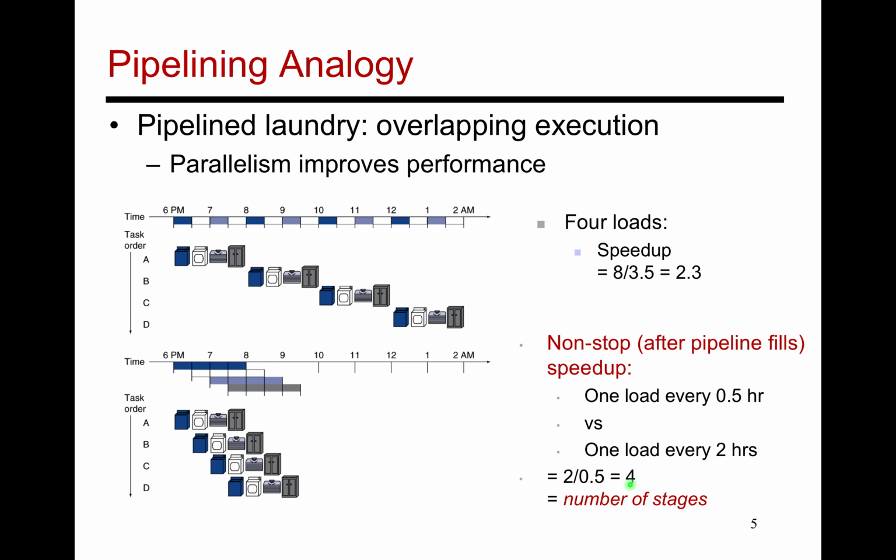So if I have 4 stages, like in this case, then my speed up would be 4. If I had 5 stages, then my speed up would be 5, and so on. In general, when we talk about speed up of a pipeline, we are talking about the speed up gained at the saturation point.